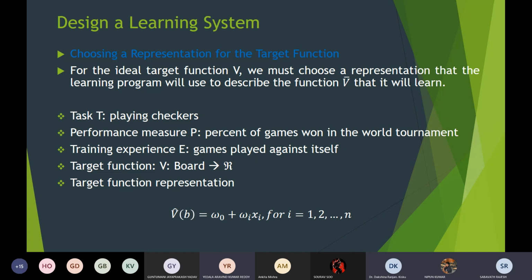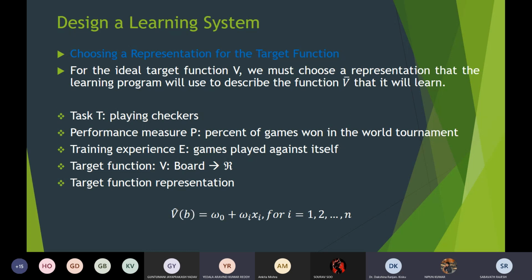That means we need to determine a representation of the large number of target functions determined from a large search space, so that we can apply this representation for the target function and have the best result.